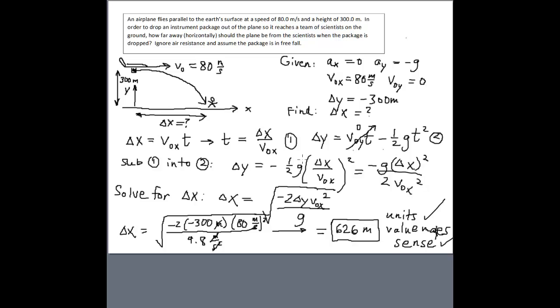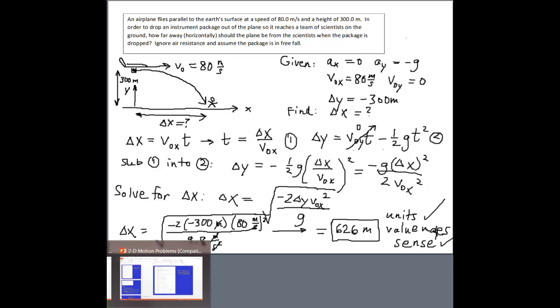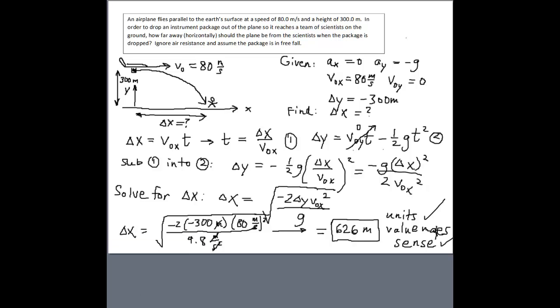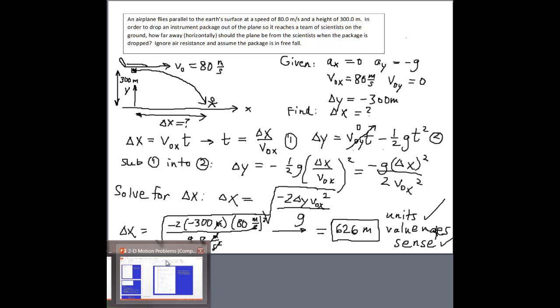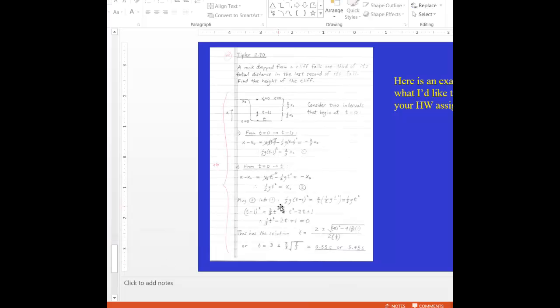Now before I finish, I want to also just mention something about a good problem-solving technique that you should be able to see here on my PowerPoint slide.